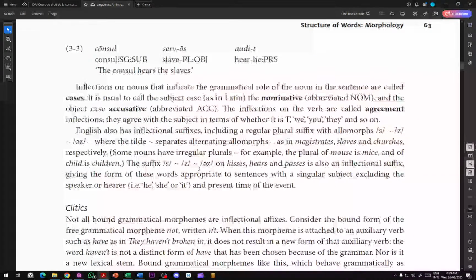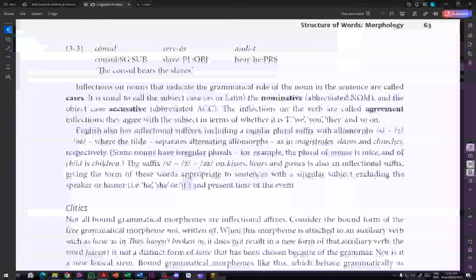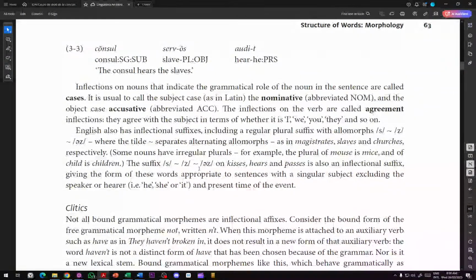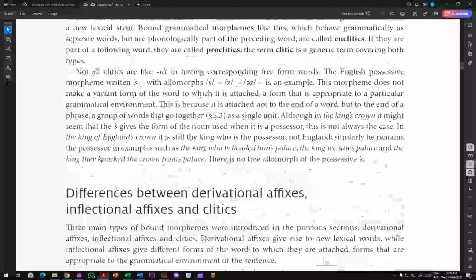I want to continue for 20 more minutes so that I complete an hour. Okay, I'm going to stop after the clitics.